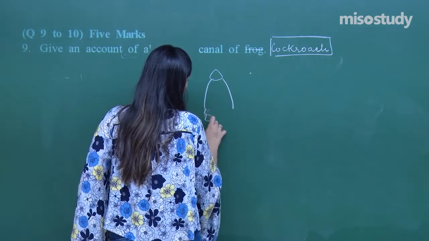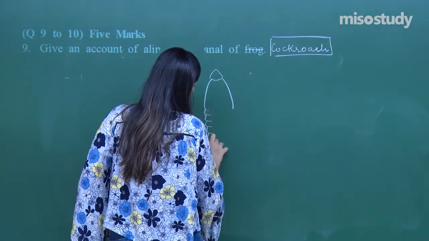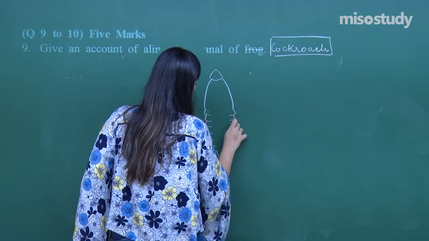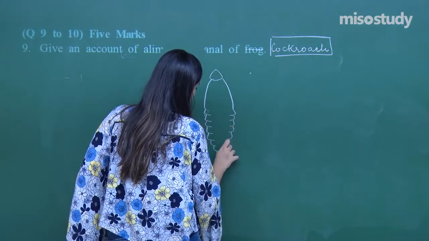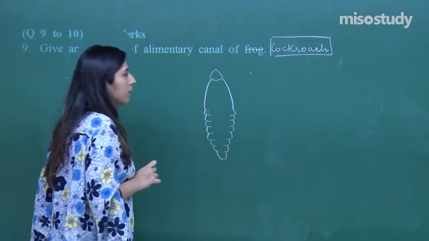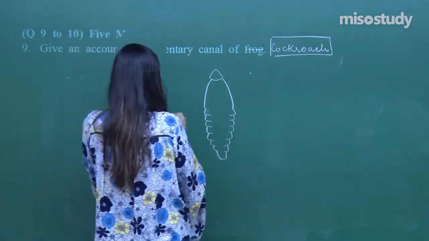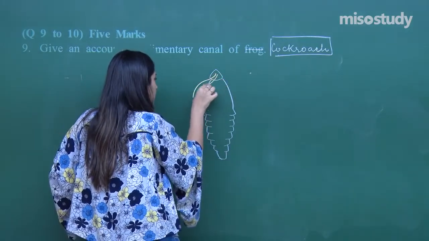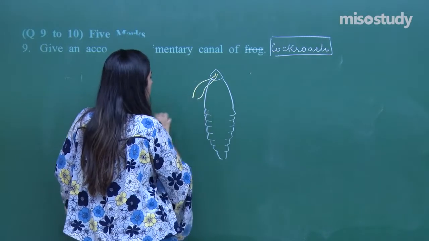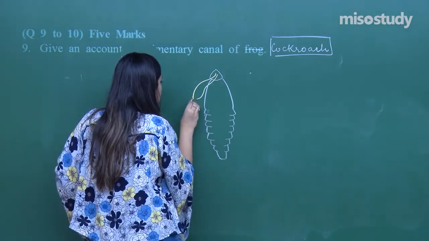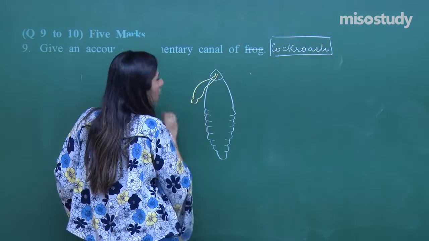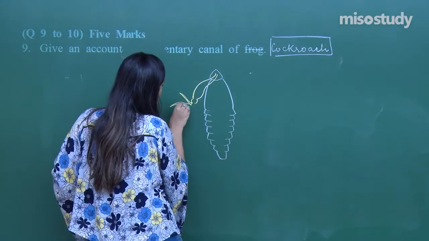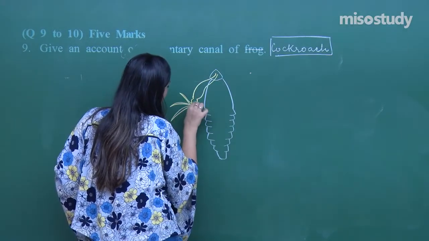So the structure of the alimentary canal we will discuss. Right. This is an overall structure. To talk about it, first of all, it starts with the mouth. Right. And later on we have one structure present over here, which we call a gizzard. After that we can see the hepatic caecae, which are around 6 in number.